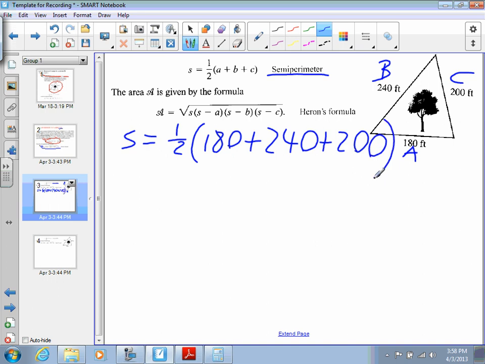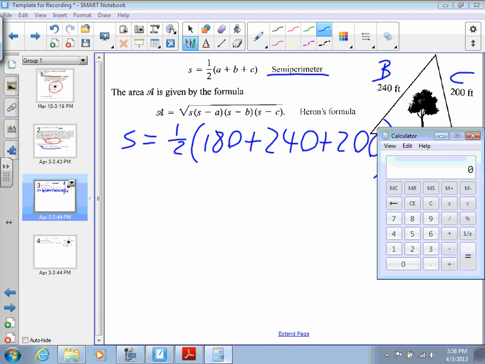Okay, so now, as they told us we can use a calculator, let's go ahead and do it. So we've got 180 plus 240 plus 200 equals, and that gives me 620.